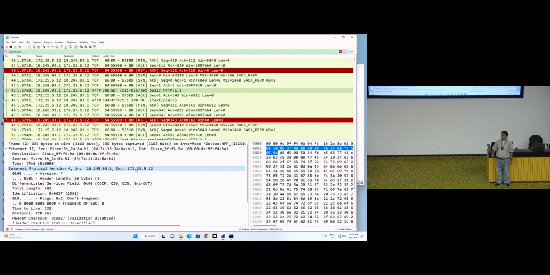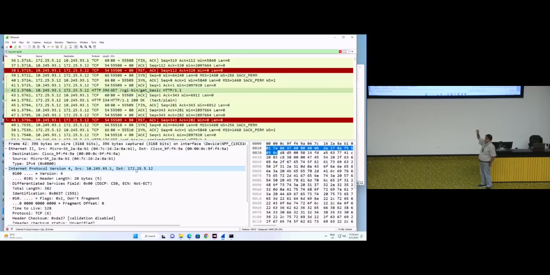IP address does not refer to a set. IP address refers to one network interface. I like the way you're thinking, but IP address refers to one network interface. It's the address of an interface. So anyone? Somebody here also said no. Did you say no? So what do you think?